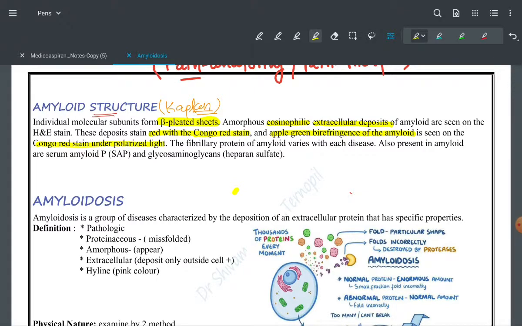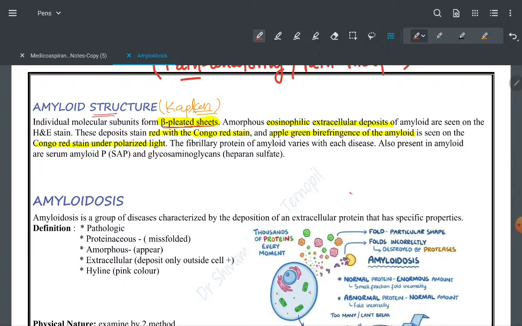So now, what is the beta pleated sheet? The question is the beta pleated sheet. For those who know, it is going to be very good for you to understand it. For those who don't know, let me explain. So see guys, we have the protein actually.